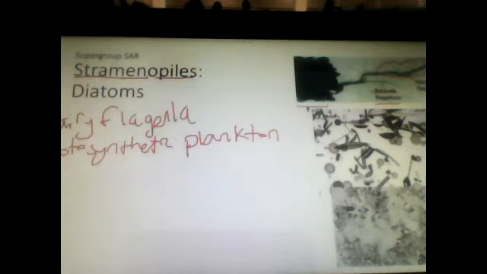We're going to define plankton. Plankton means little things that can't control their own movement. So they float along with currents and things like that. They don't have a way to hold on to something. They don't have a way to control their movement. They're just free floating. And we'll use the term plankton a lot because a lot of the organisms we're talking about are part of the plankton.